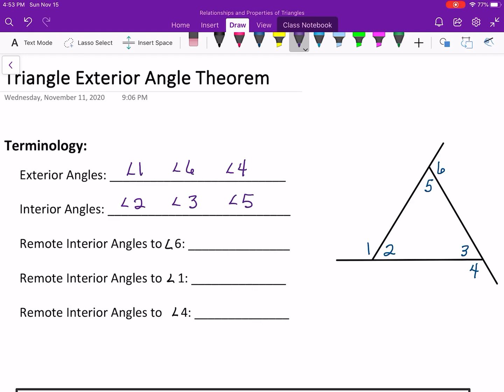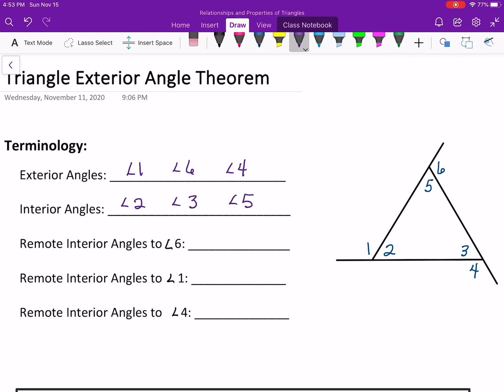The reason I've been pushing the linear pair is that when we start talking about the exterior angle theorem, we're going to look at an exterior angle that is part of a linear pair and talk about the remote interior. If something is remote, it means it's far away.